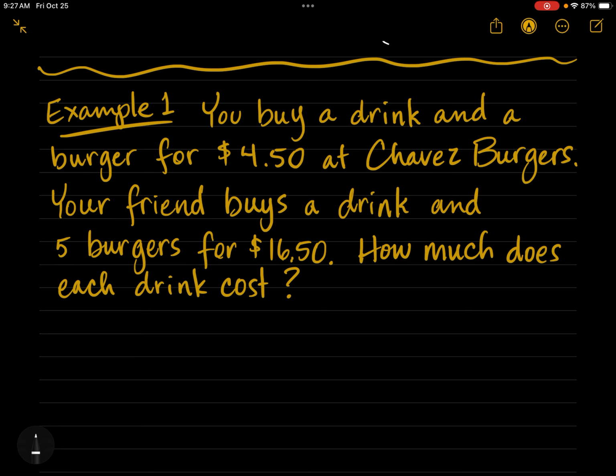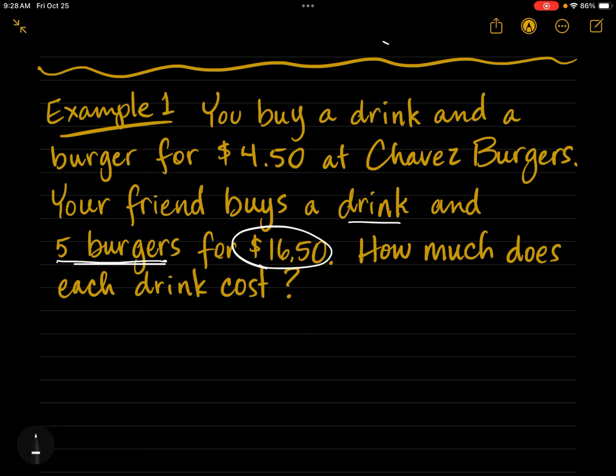For example 1, you buy a drink and a burger for $4.50 at Chavez Burgers. So you got a drink and a burger. We're not going to worry about tax and all that stuff. Your friend buys a drink and 5 burgers, and they pay $16.50.